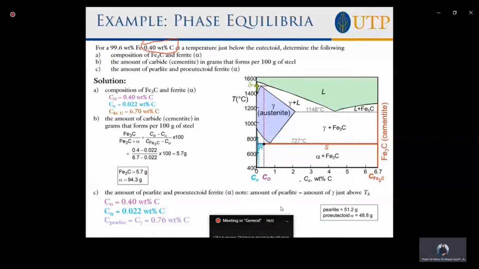Right, so 0.4 is about here. This is hypo. I tengok ni pun I already know this is actually hypoeutectoid. Kalau hypo, I know I'm going to form proeutectoid alpha. Nampak dia dah sebut. Okay, alpha atau ferrite. Alright, so maybe you can go through this example.